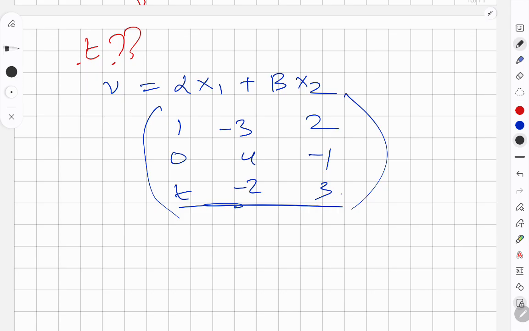I will multiply 1 over negative t. Okay, this method will be complicated over here, I guess.